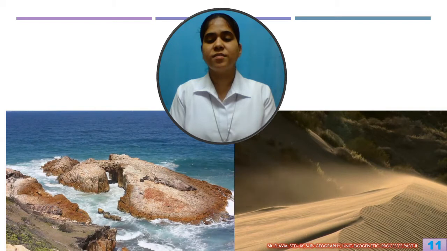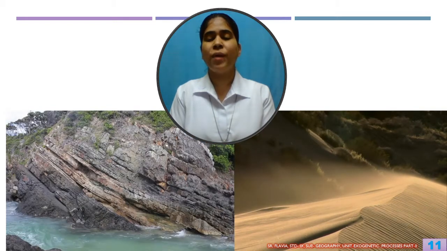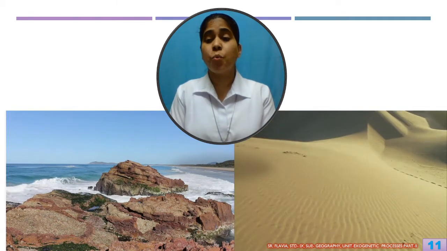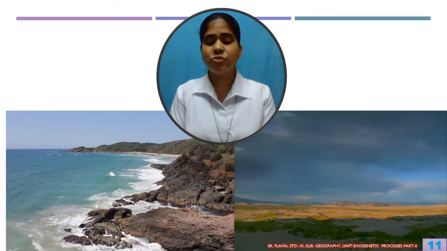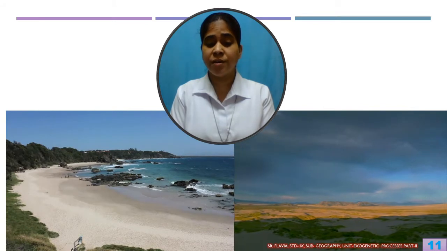So dear students, today we have seen how the wind and the sea waves cause erosion. We have to appreciate the work of nature and its natural beauty. At the same time, we have to take care of our Mother Earth. We can reduce the effects of wind erosion by planting more trees and taking care of our vegetation.